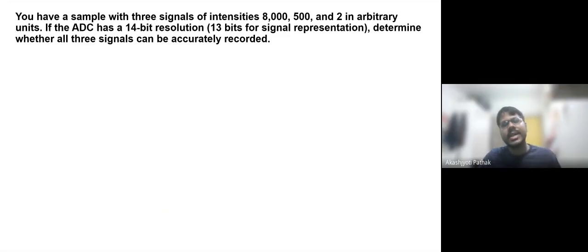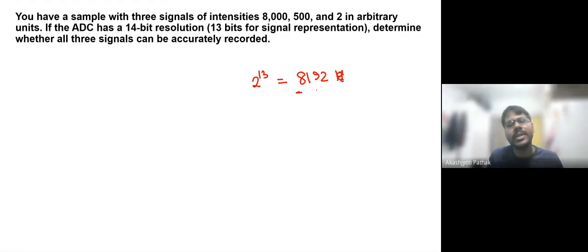So if the ADC has a 14-bit resolution, then what will happen? So if you do 2 to the power 13, what is 2 to the power 13? 2 to the power 13 is 8192.